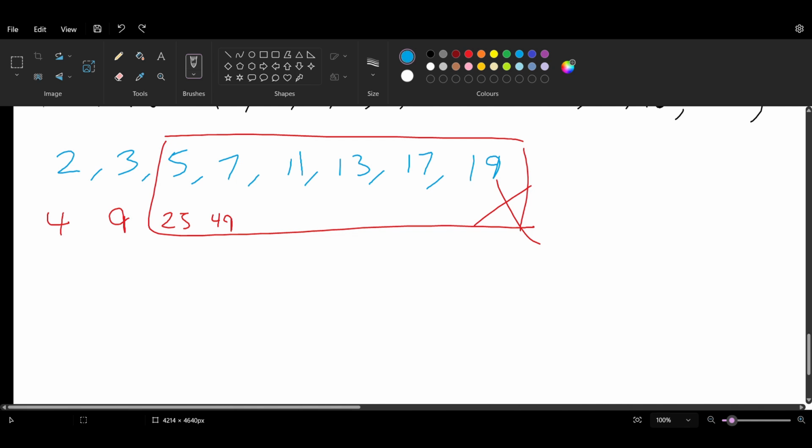It's going to be guaranteed that we use 4 and 9. We are not using any other number. This is a set of numbers that are relatively prime and do not contain any prime number.